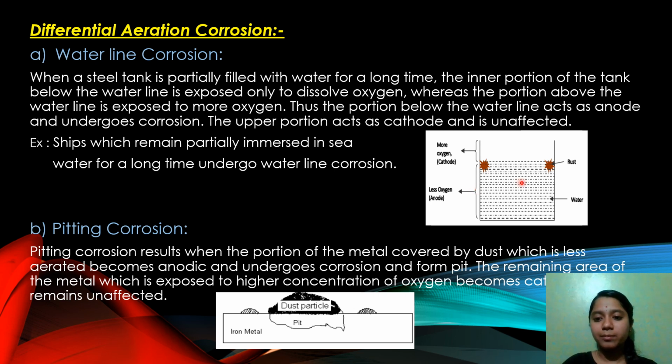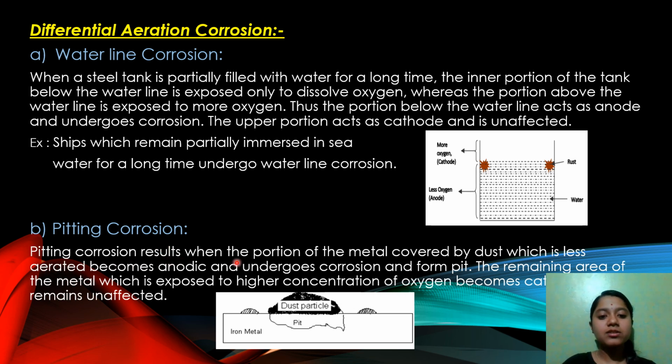Example, ships which remain partially immersed in seawater for a long time undergo waterline corrosion. Here is a picture where you can understand the part below the waterline undergoes corrosion due to less concentration of oxygen, whereas the part above the waterline does not undergo corrosion due to the more concentration of oxygen. Then pitting corrosion.